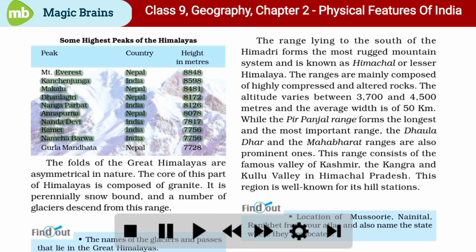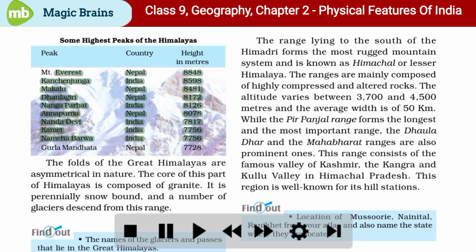Makalu lies in Nepal with the altitude of 8,481 meters. Dhaulagiri is in Nepal with the altitude of 8,172. Nanga Parbat falls in India with an altitude of 8,126 meters. Annapurna in Nepal, 8,078 meters high.